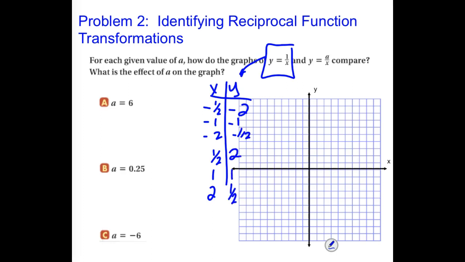So negative 1/2, negative 2, negative 1, negative 1, negative 2, negative 1/2. 1/2, 2, 1, 1, 2, 1/2. So our reciprocal function, y equals 1 divided by x, our graph is very tight in there next to the x-axis, or next to the origin, and our graph is very close to those axes.